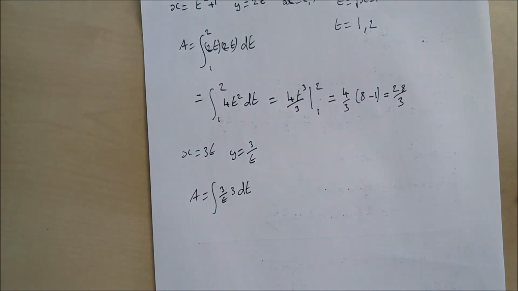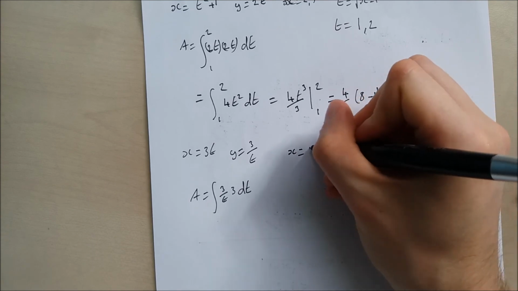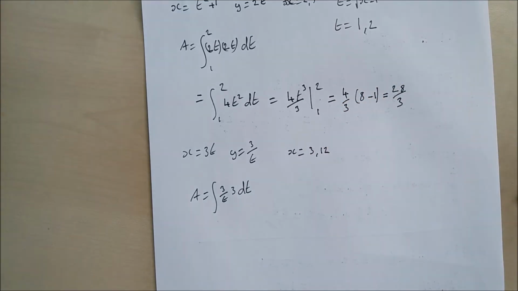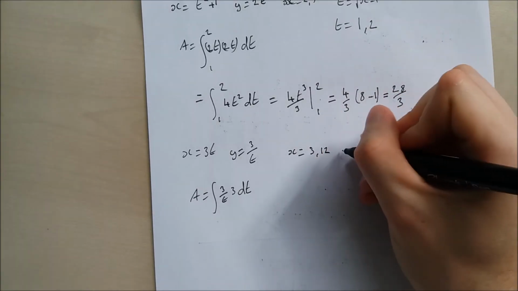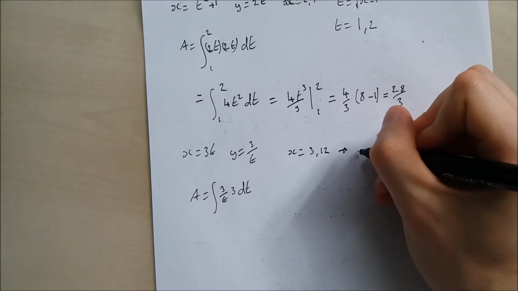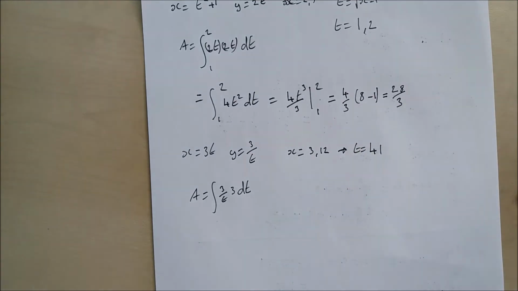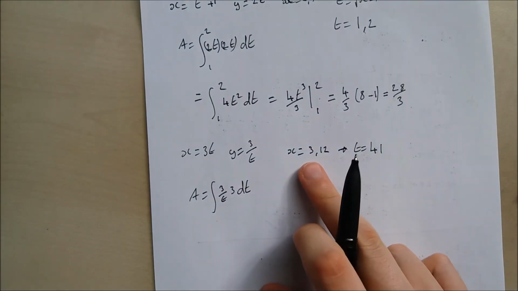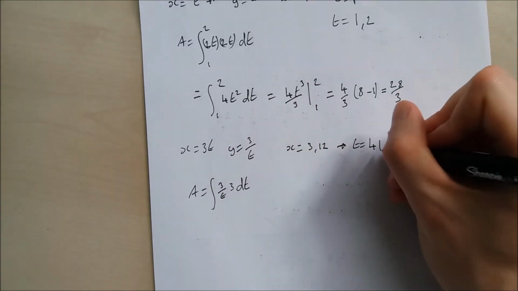And for the limits, you would have x equals 3 and 12. So we need to have the limits being t equals 4 and 1, so that's from 3 divided by 3 and 12 divided by 3 to get 4 and 1.